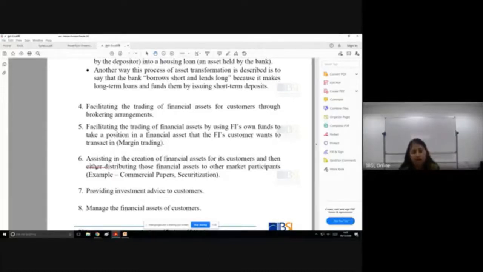Okay. Last is manage the financial assets of customers. Okay, you need to manage the financial asset. Now, this is more relevant to investment intermediary. Remember mutual funds. Okay, so there can be certain private portfolios handled. Private portfolios meaning if there is a person, a high net worth individual, let's say certain director of a company who has about 100 million excess funds.